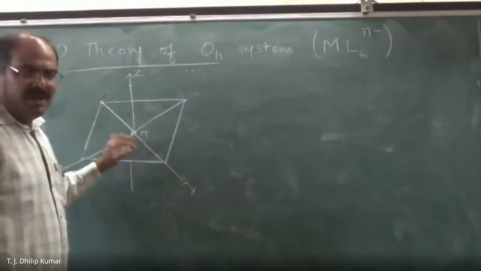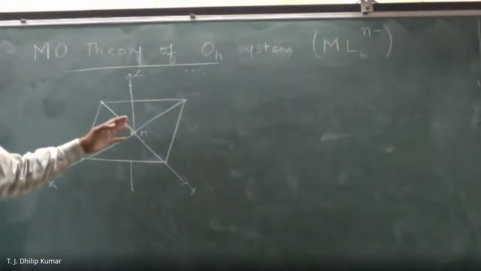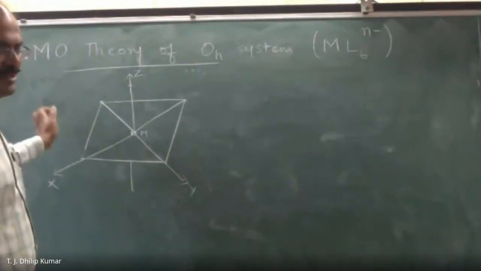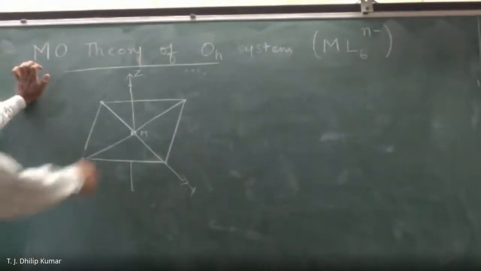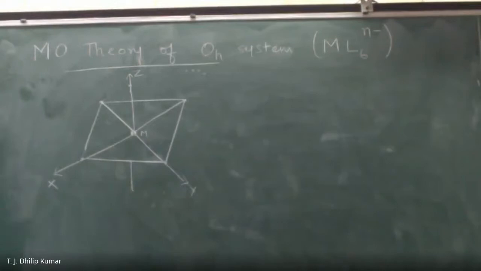And if some metal orbitals do not have corresponding orbitals of appropriate symmetry in the ligands, they won't bind with the ligand. They just remain unbonded, or non-bonding.